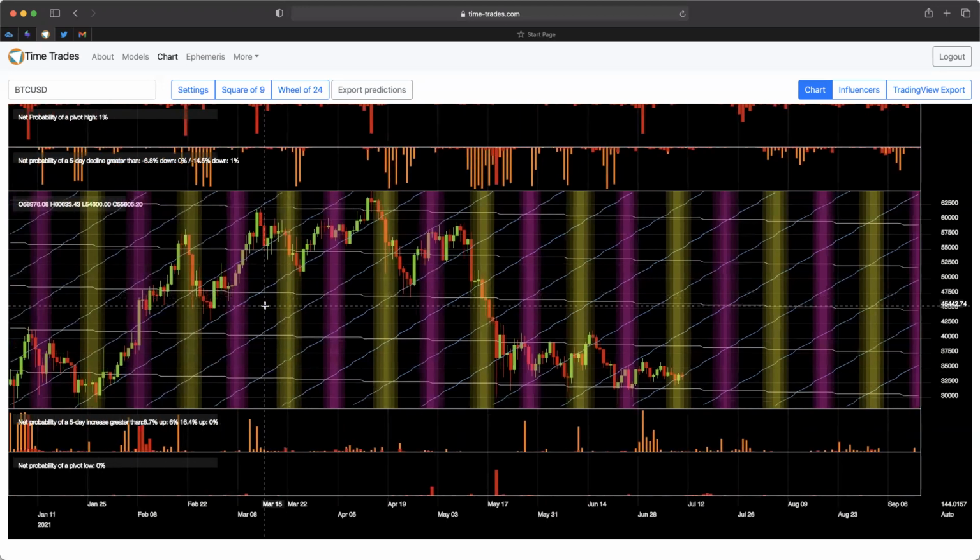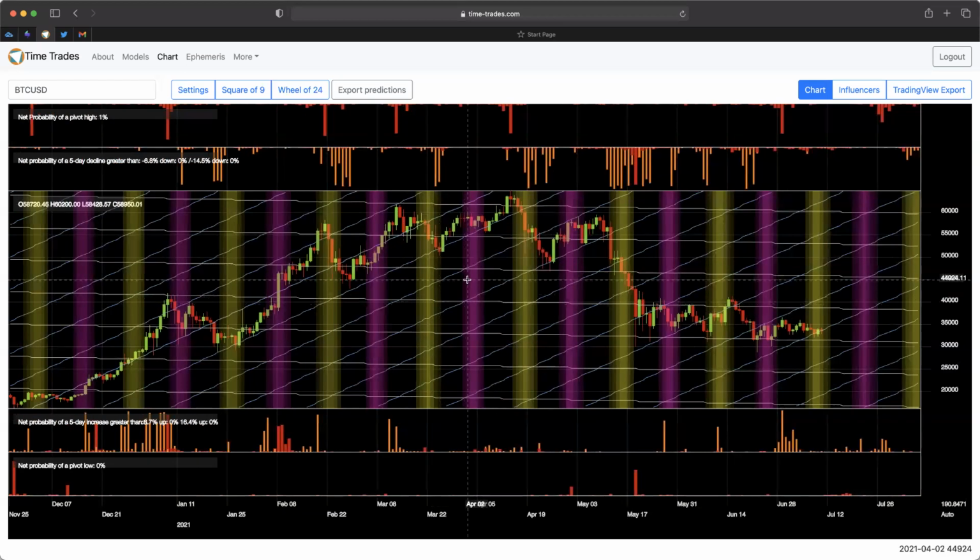I think I found like one example where it's not a local top. I mean, okay, this one's off by a day. This one is a small local top, but then got smoked by this giant green bar.